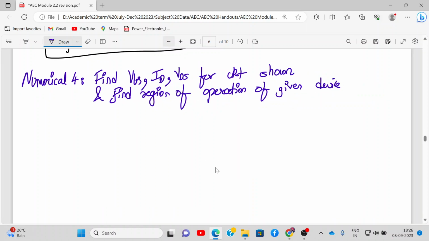So what is that given device? This is the MOSFET. So let's draw the diagram first. So this is the MOSFET. It is voltage divider bias.